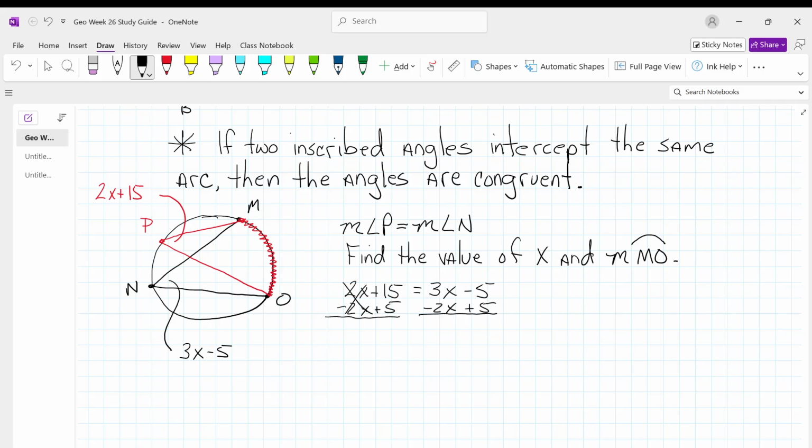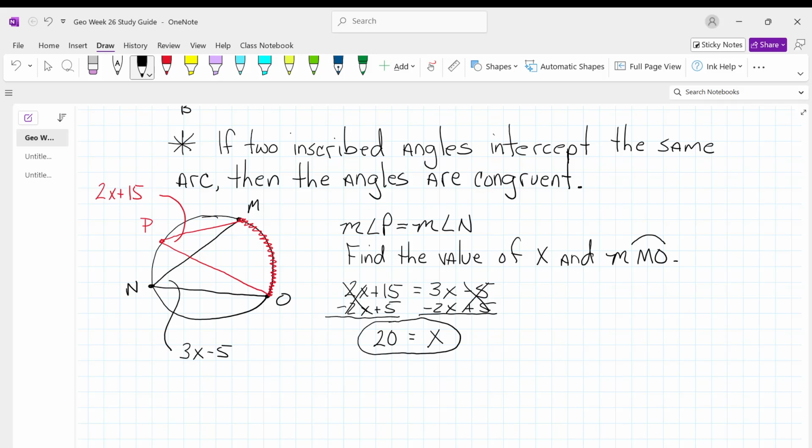So the 2x's cancel. 15 plus 5 is 20. 3x minus 2x is x. And negative 5 plus 5 is 0, so those cancel. So we get 20 is equal to x.